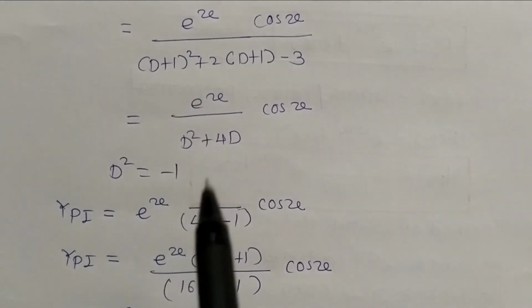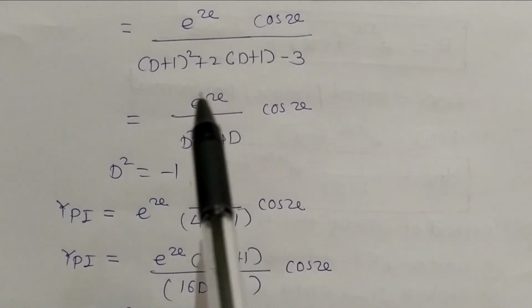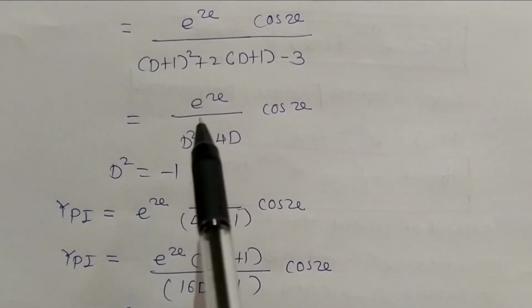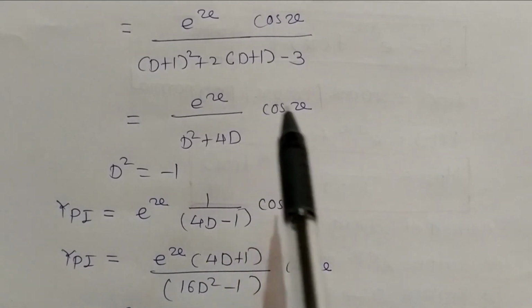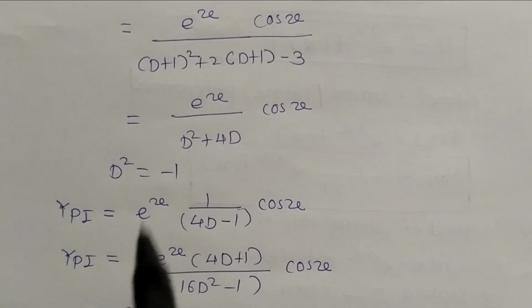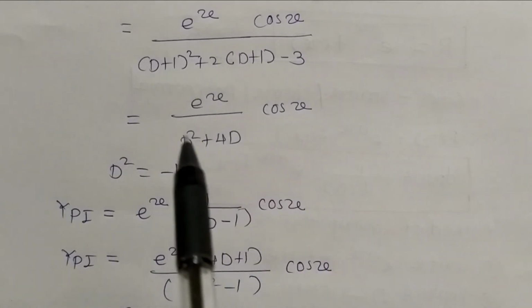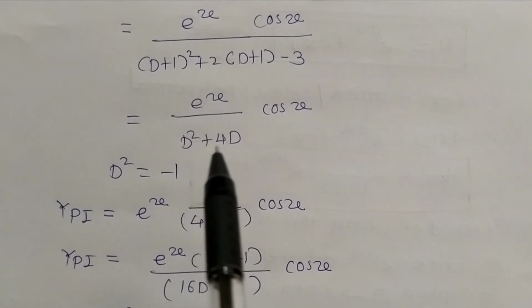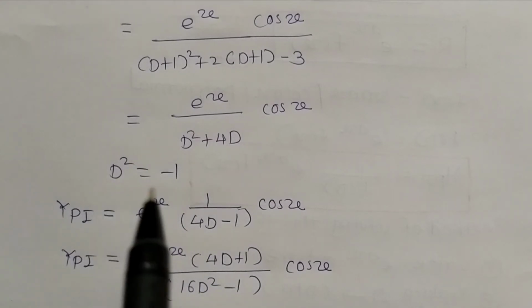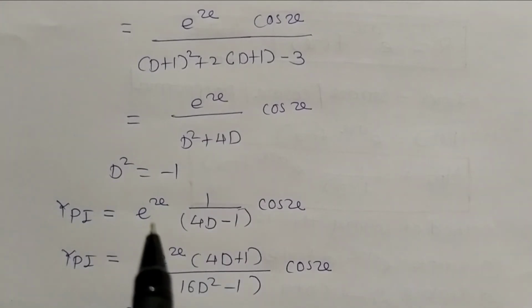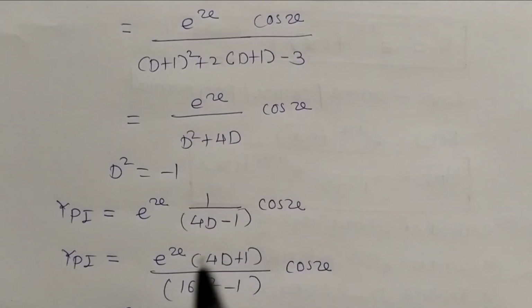When we solve this, it becomes e raised to x, 1 upon d square plus 4d, cos x. When we put d square is equal to minus 1, it becomes e raised to x, 1 upon 4d minus 1, cos x.